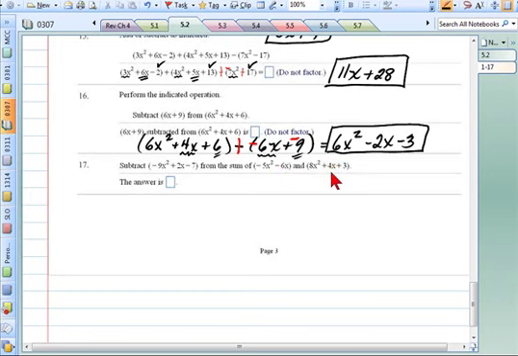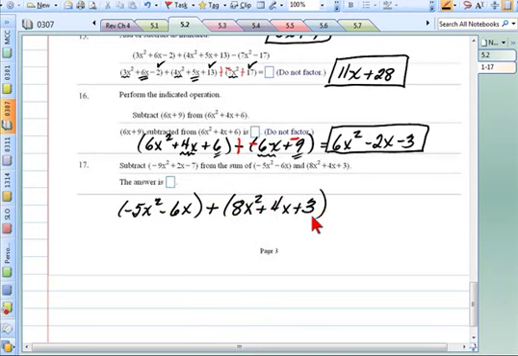So I'll write large for us to see. I have negative 5x squared minus 6x plus 8x squared plus 4x plus 3. And then I subtract from that negative 9x squared plus 2x minus 7.